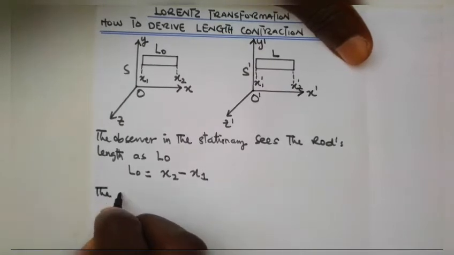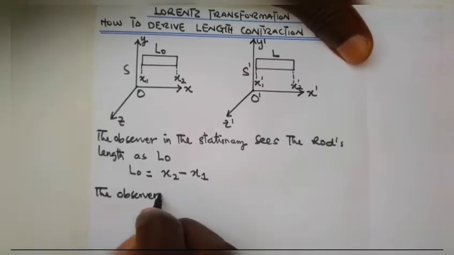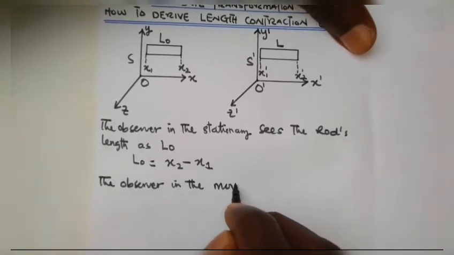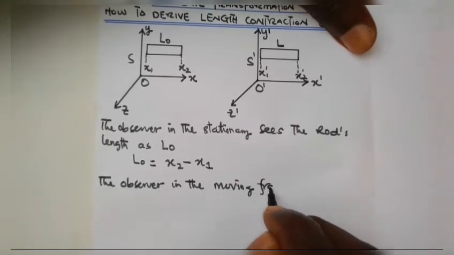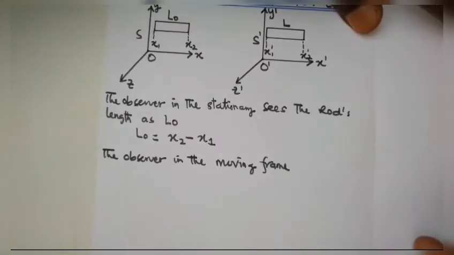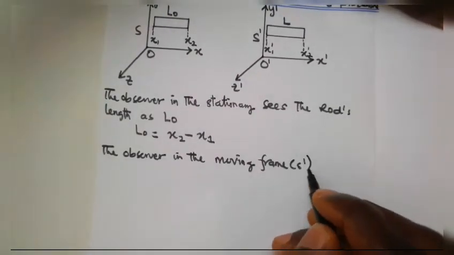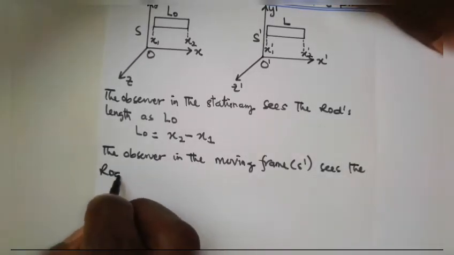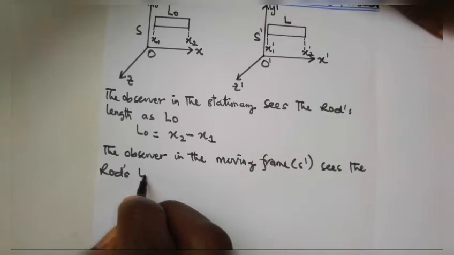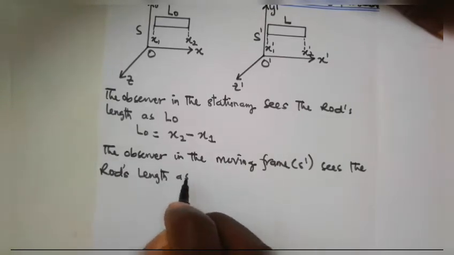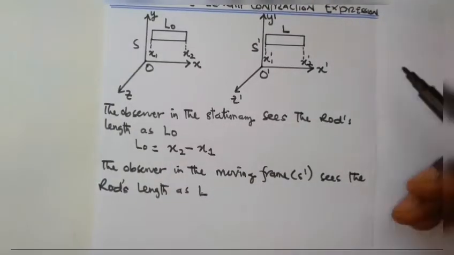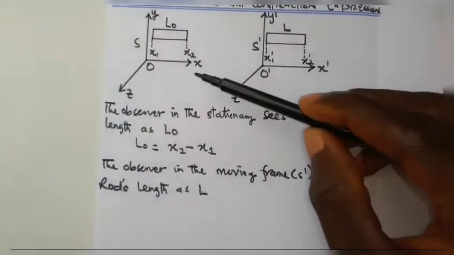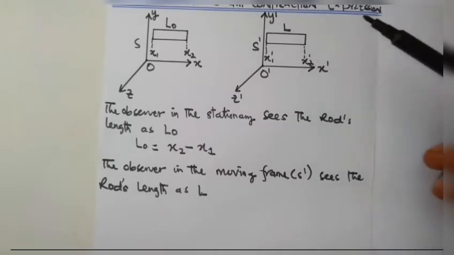The observer in the moving frame, called S prime, would see the rod's length as L. So we call this L and we call this L0 just to differentiate the two different observers who see these rods in their various frames.